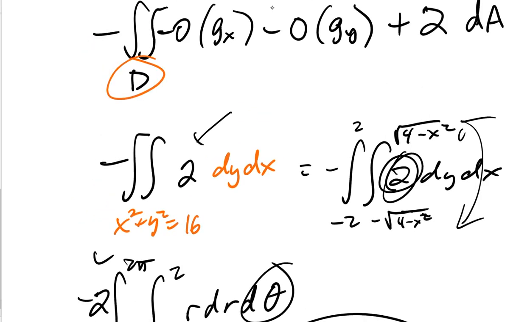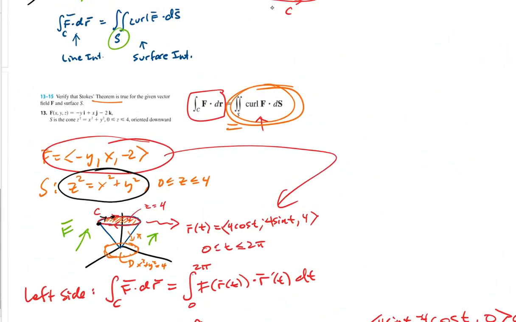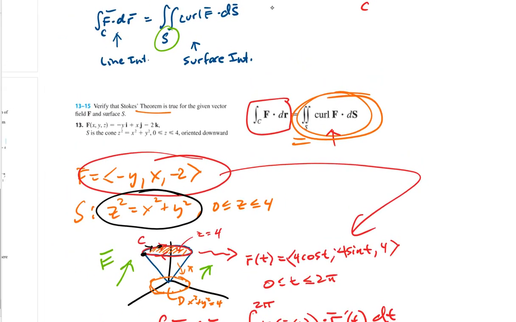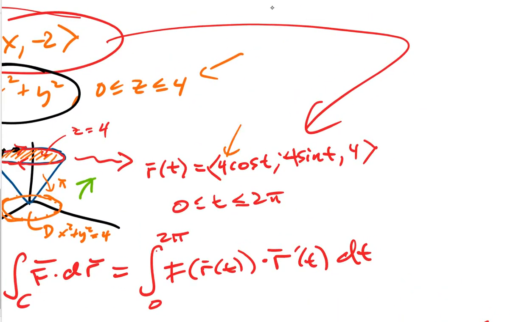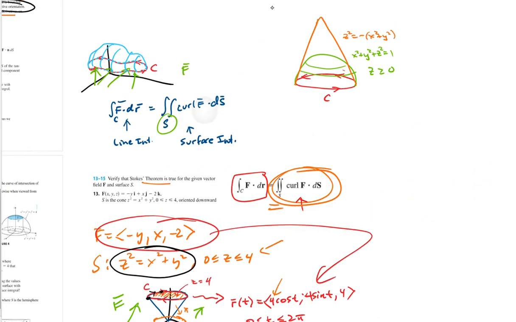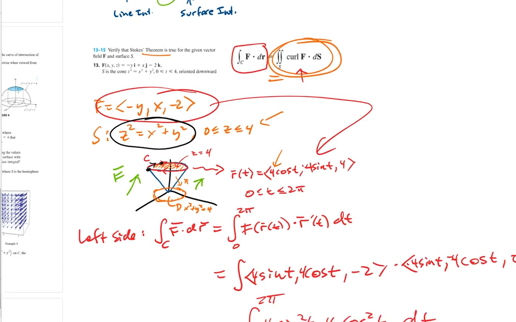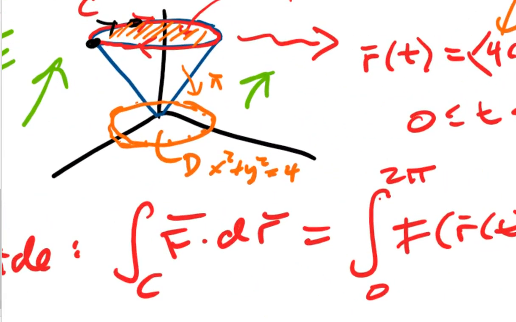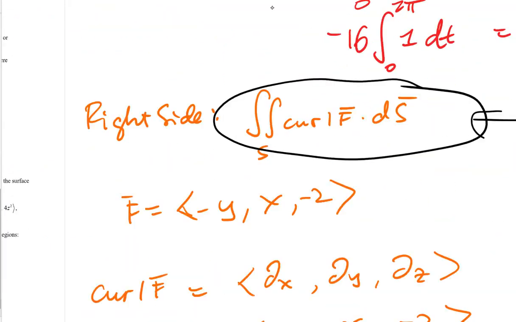I got confused because when you parameterize this circle, z goes from 0 to 4, so x squared plus y squared is 16. 4 is correct here, but this would be a 16 here. So when I drew, where was it? This here, this is not 4, this is 16. Yeah, okay, sorry about that.